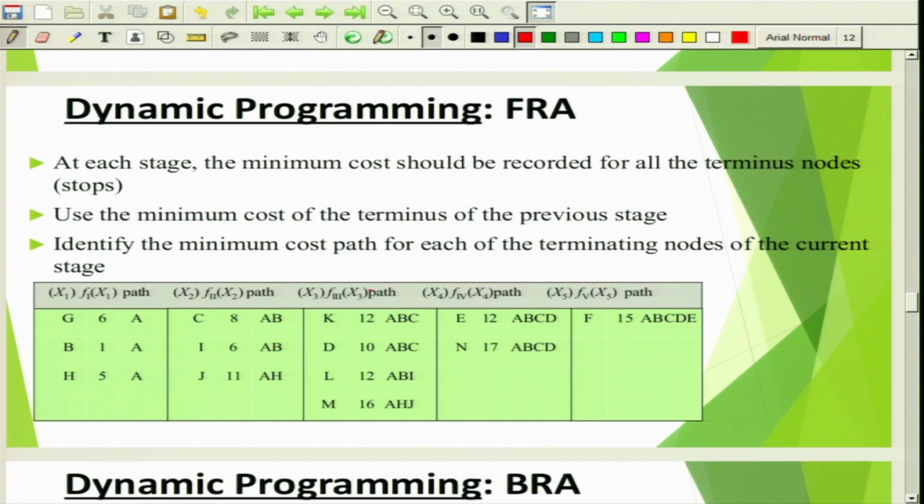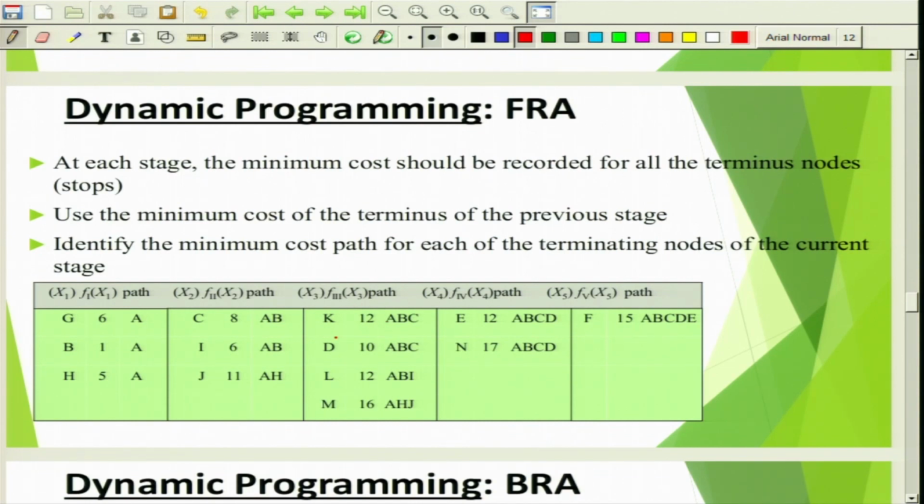Similarly for stage 3, now you see here which is the most economical one till you reach the point. The previous stage is AB, right? AB is the most economical one. Now AB is 8 rupees and you are interested to reach K via C, then it costs around 12 rupees.